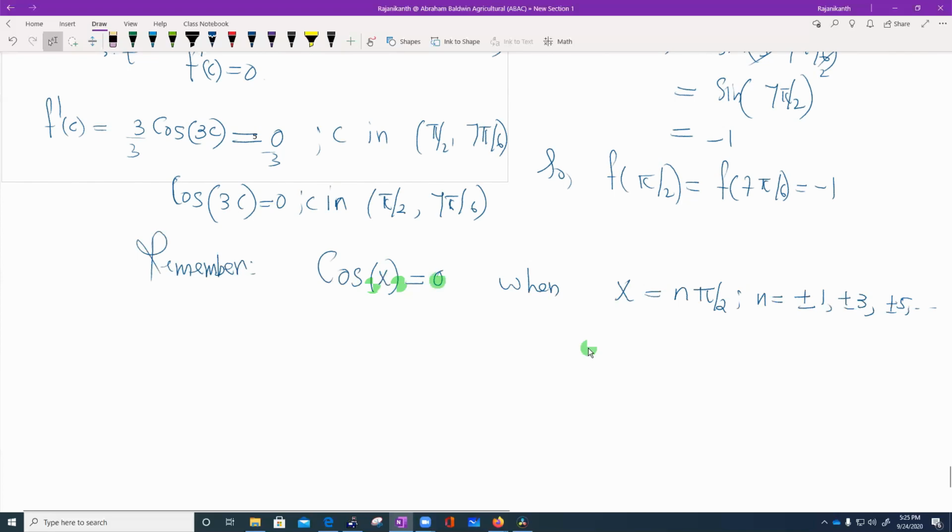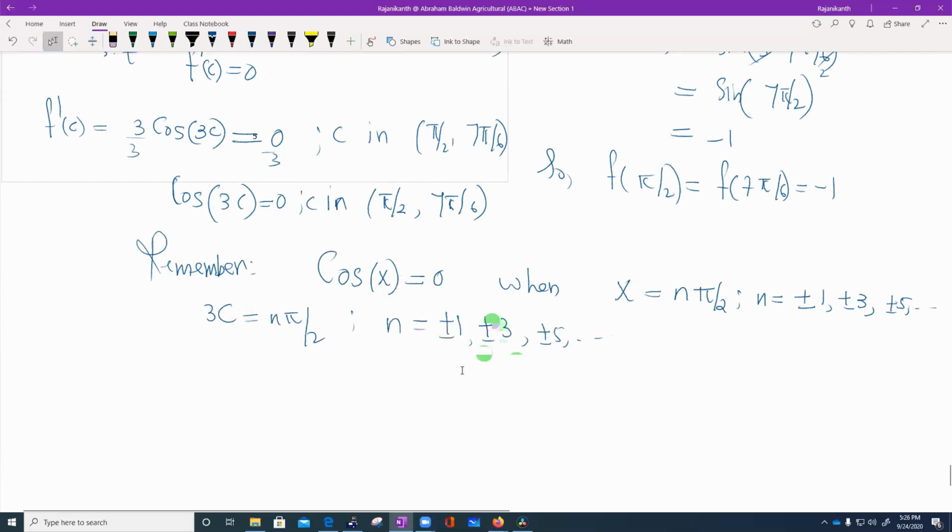Yes. Right. Now, if we apply that here, in place of x, now I have 3c. So your 3c is supposed to be an odd multiple. Here your n is supposed to be plus or minus 1, plus or minus 3, and so on, right?